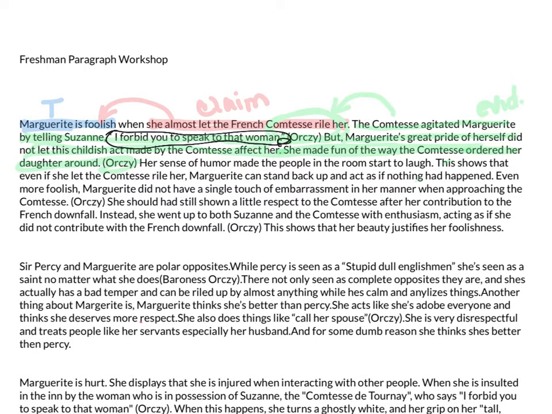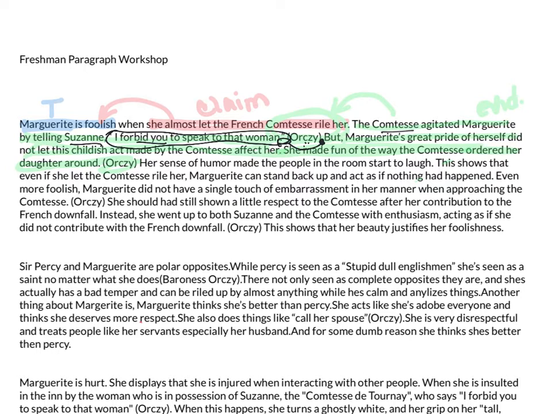Do I have correct citation? Almost. The period should be at the end, not before the citation, but this citation is certainly better than we had before. Do I have specifics? Yeah, I see specific names going on here. I do have a quote. So there are some good things here.